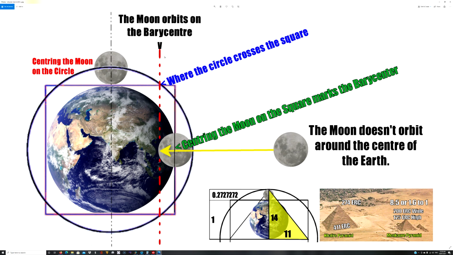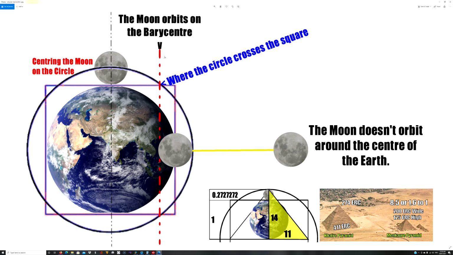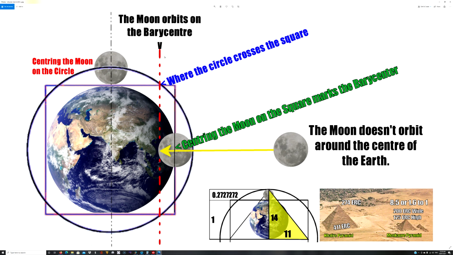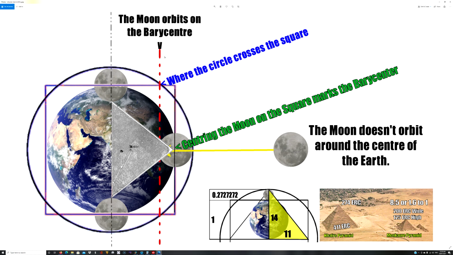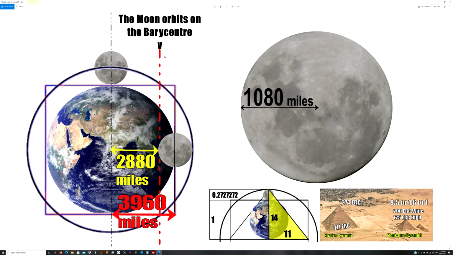So by drawing the Moon inside there, the radius would define where the barycenter is. And so again, it's just a matter of using the same diagram. You just rearrange it as it fits inside, and based on just that square and circle, it all comes together.